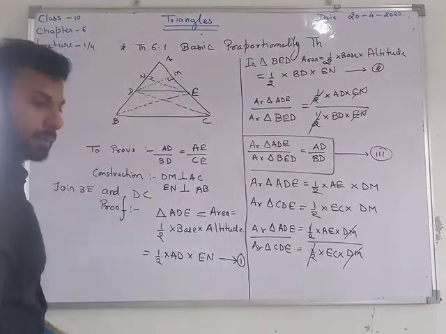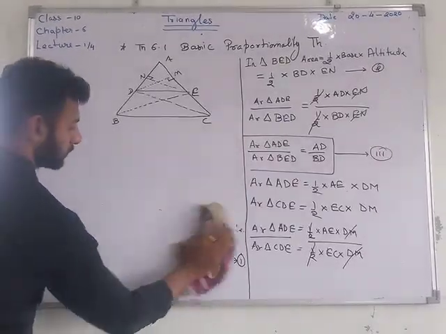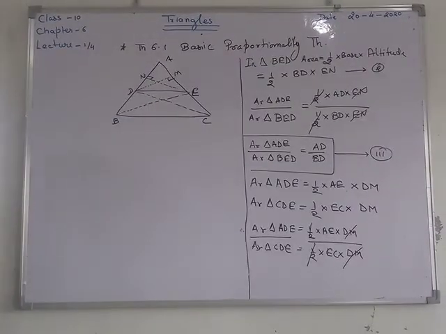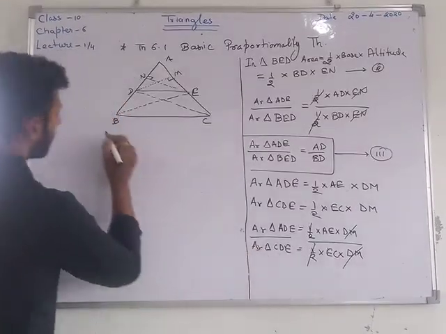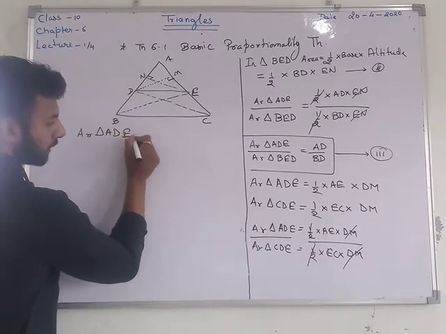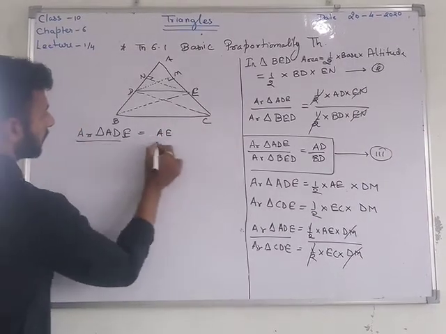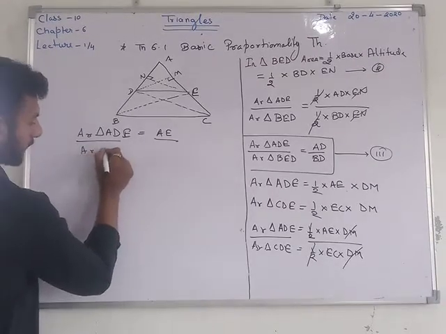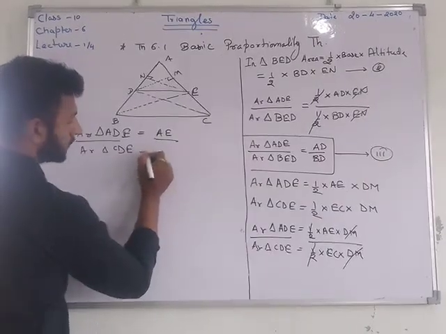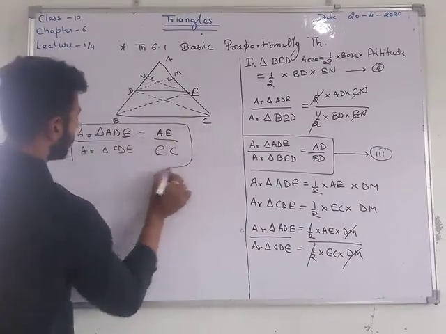So the required statement is area of triangle ADE upon area of triangle CDE is equal to AE upon EC. This is our fourth statement.